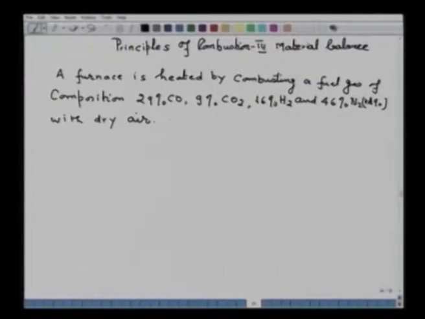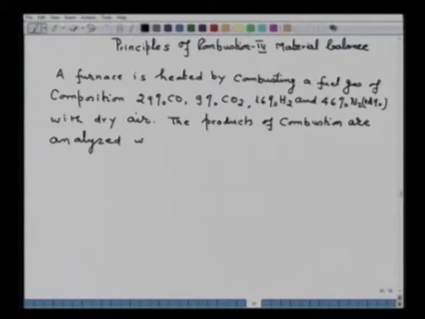The products of combustion are analyzed with the Orsat apparatus, and as all of you know, whenever the analysis of the products of combustion is done by Orsat apparatus, the analysis is always on a dry basis.